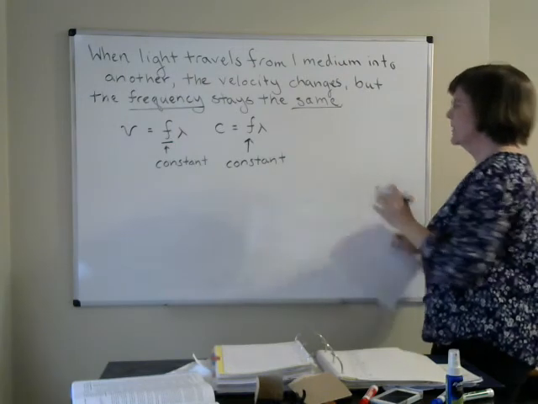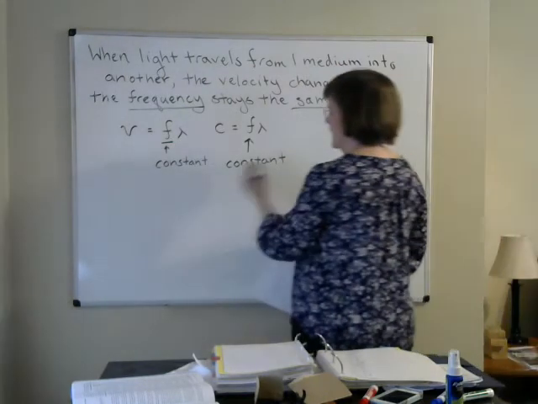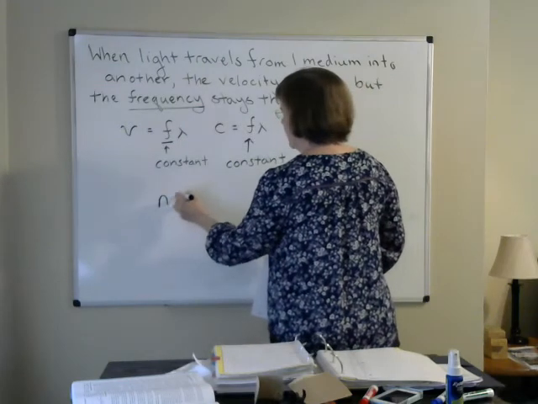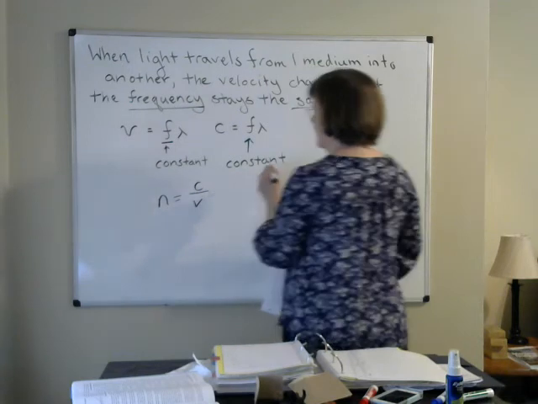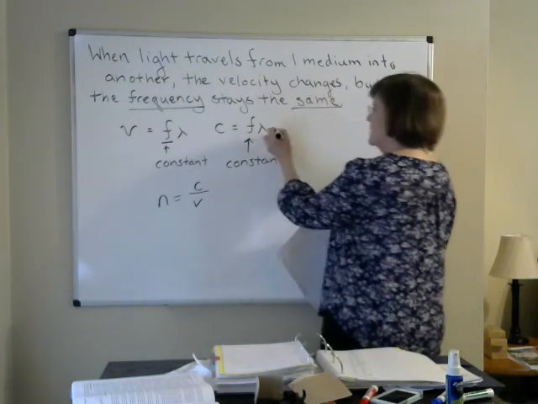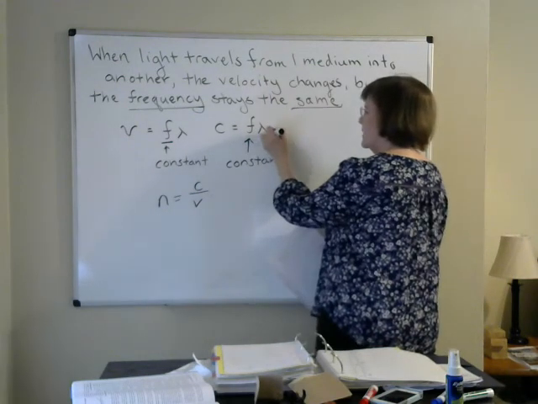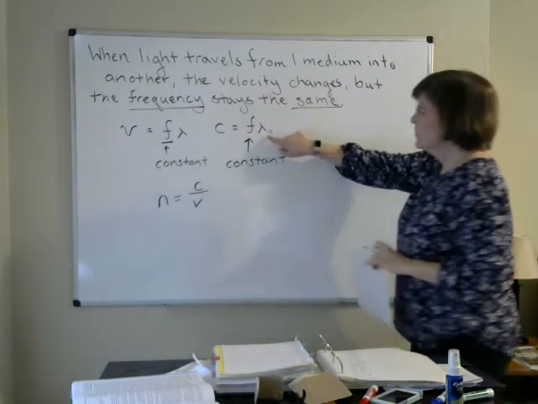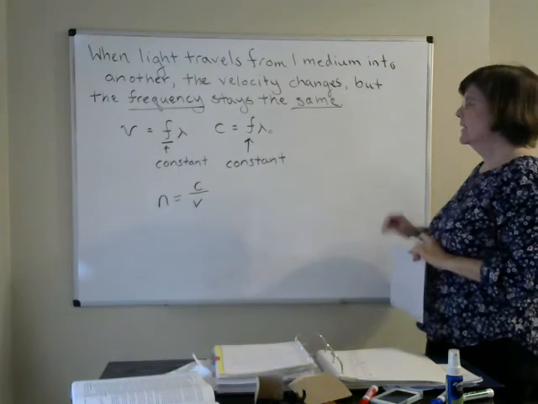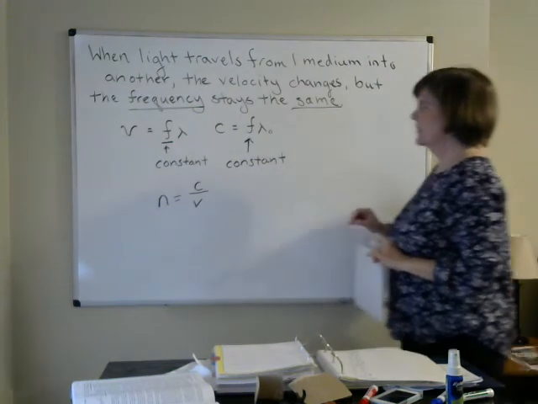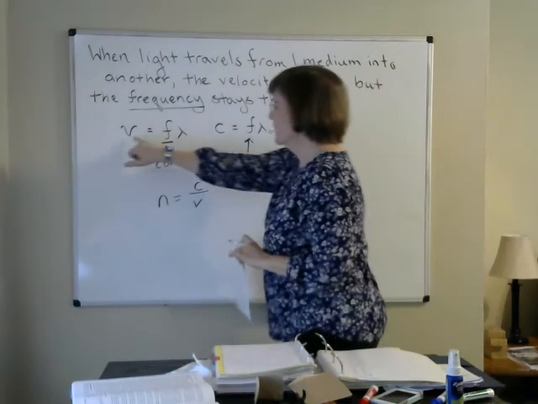If we want to think about this, remember we said that n is equal to c over v. And we're going to call this wavelength with the little zero, that's the wavelength in a vacuum. This is the wavelength in whatever medium it is.